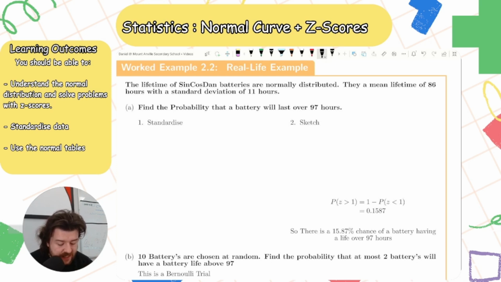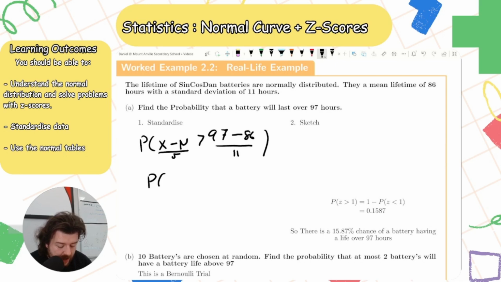So first we need to standardize it. The probability that a random battery is more than 97 hours. To standardize it, I subtract my mean, which here is 86, and I divide by my standard deviation, which here is 11.